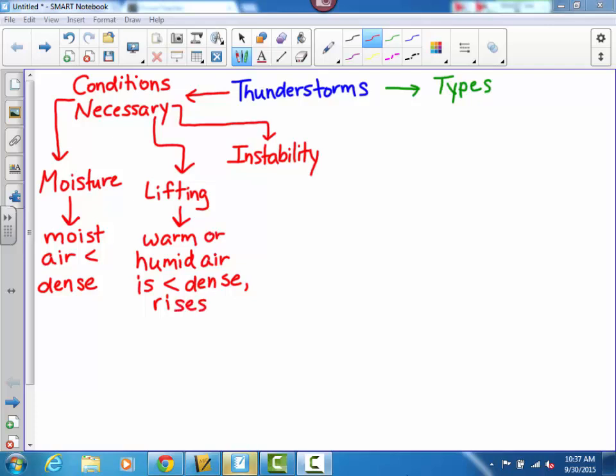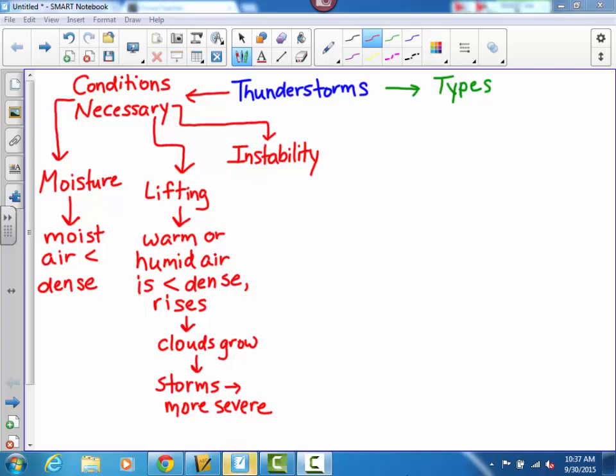That's lifting. As it rises, the clouds grow. As the clouds grow, the storms become more severe. The taller the clouds, the worse the thunderstorm.